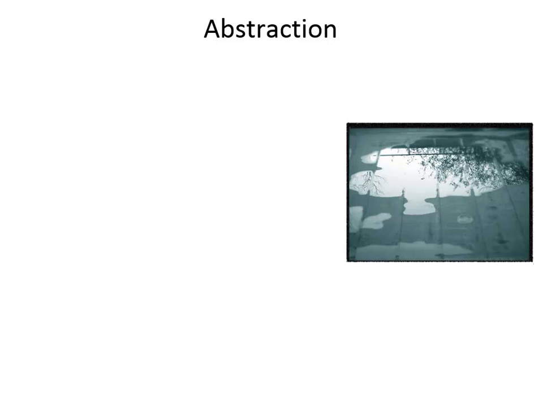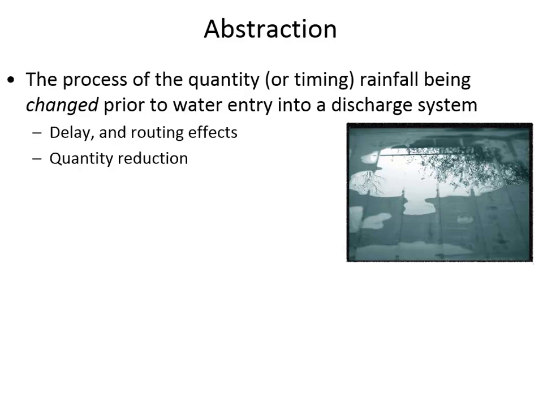And one of them is just as simple as puddles. That figure there is illustrating a puddle. And so the definition of an abstraction is the process or the physical impediments to water being delayed before it enters a discharge system.